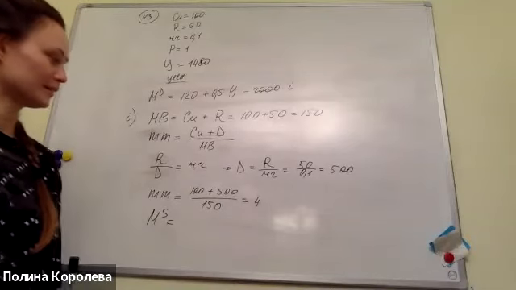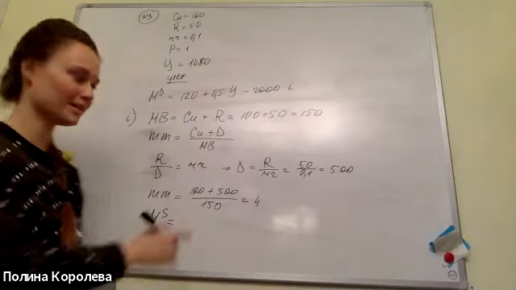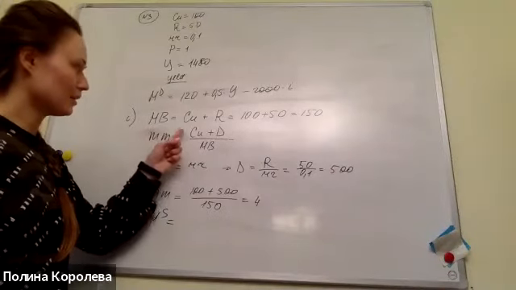It's 600. You should multiply 4 and the monetary base, and it is 150 multiplied by 4, so it makes 600.